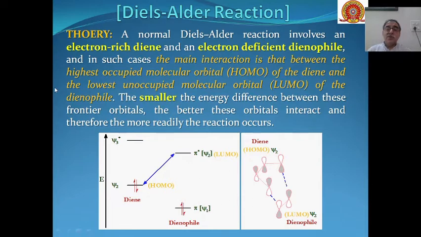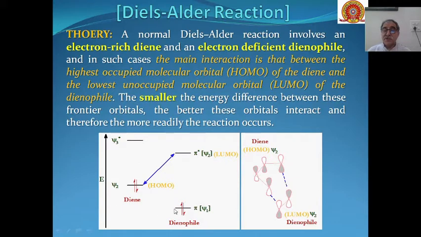Now the theory of the Diels-Alder reaction is that, as I have told you, a normal Diels-Alder reaction involves an electron-rich diene and an electron-deficient dienophile. In these cases, the main interaction is between the highest occupied molecular orbital of the diene and the lowest unoccupied molecular orbital of the dienophile. If you see, this is a diene and the HOMO of this diene is say Psi2.